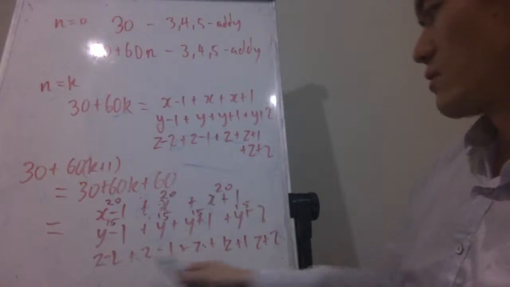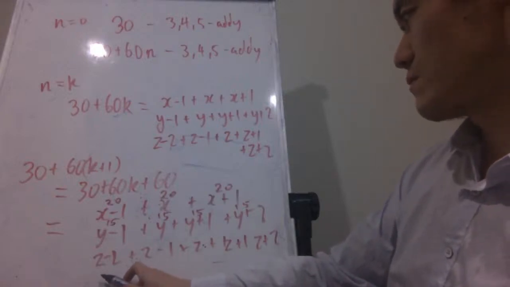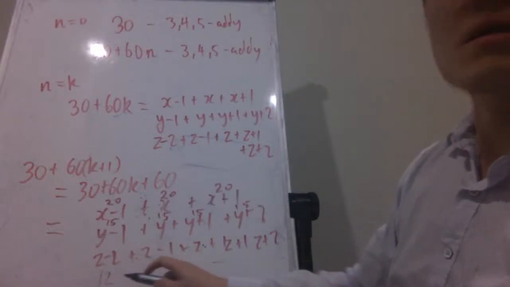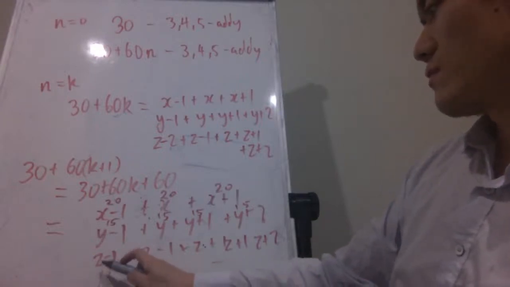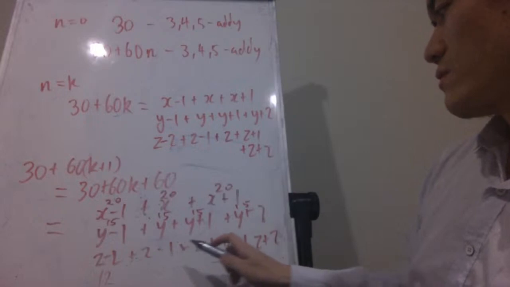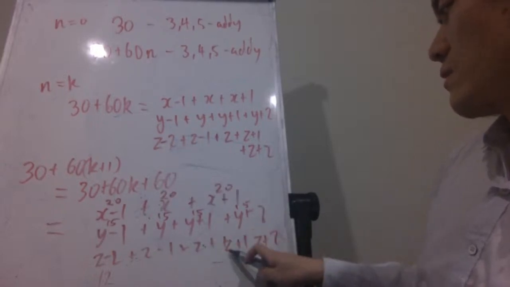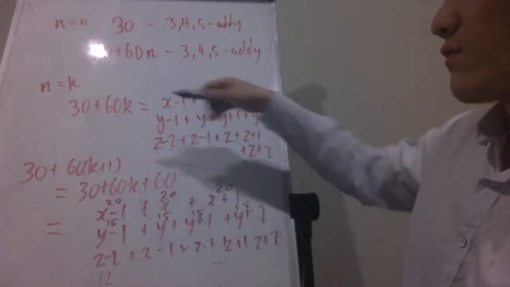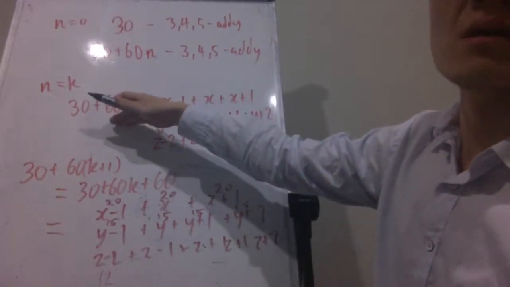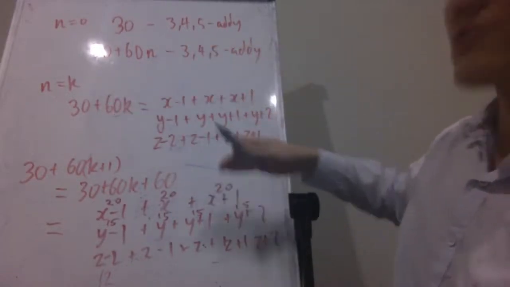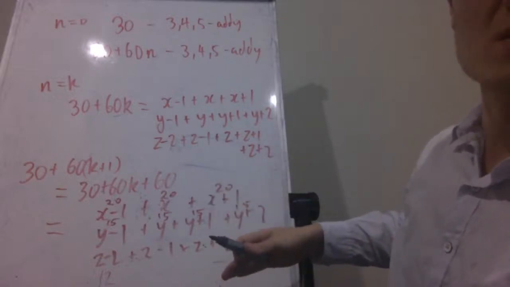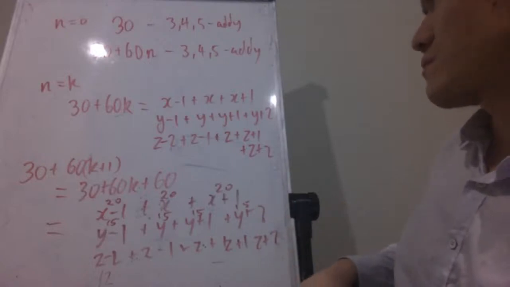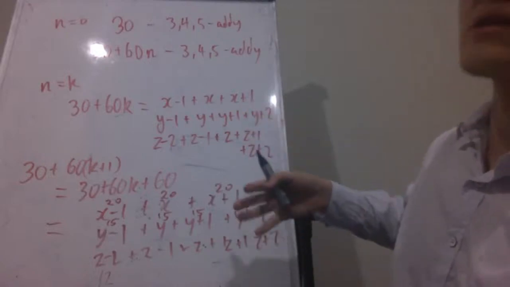And then this one, a fifth of 60 is 12, yeah? So this will be z plus 10, z plus 11, z plus 12, z plus 13, z plus 14. So if the previous one was all these things, then the next one is as well, yeah? Because these are all consecutive. So that's meant to be finished.